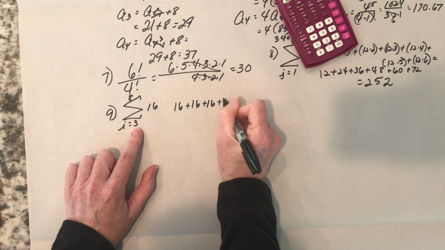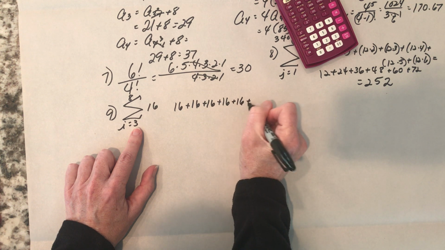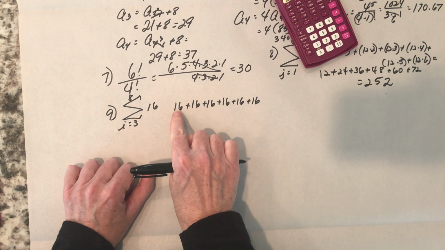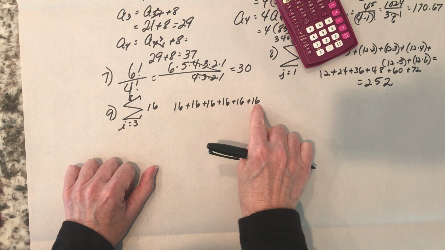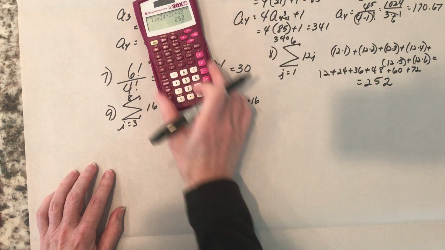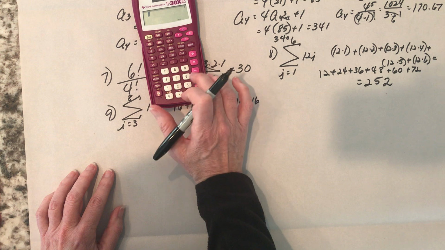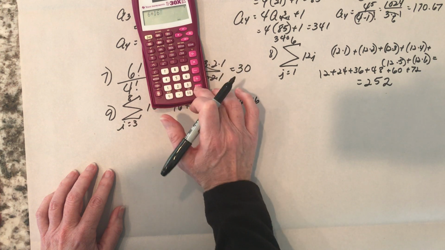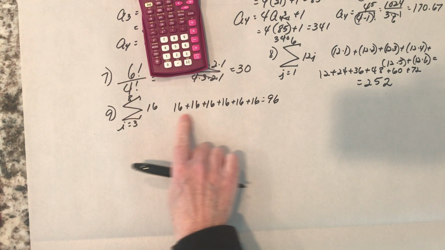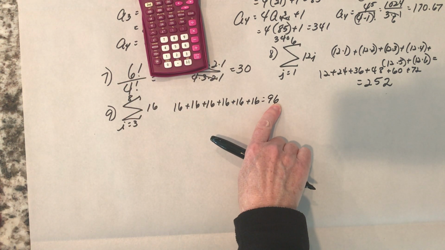When i equals 6, when i equals 7, when i equals 8. So 1, 2, 3, this is when i equals 3, 4, 5, 6, 7, 8. We've got them all in there. 1, 2, 3, 4, 5, 6 times 16. 6 times 16 is 96, and that's the answer. So this is the expanded form, and that's the answer.